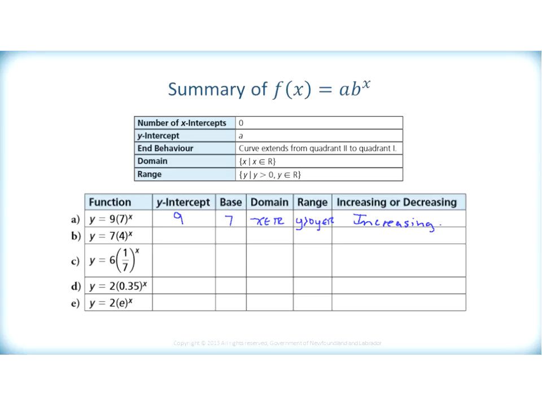If I look then at example C, I have a y-intercept of 6. The base is 1/7, which, because that is between 0 and 1, is a decreasing function. The domain is x belongs to the set of real numbers, and the range is y is greater than 0.